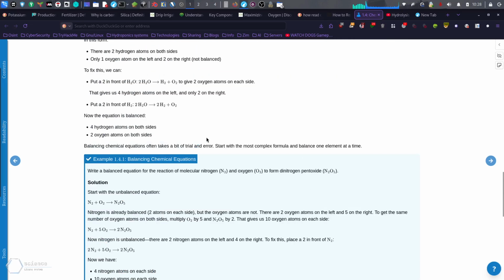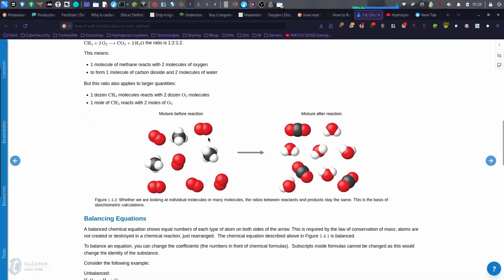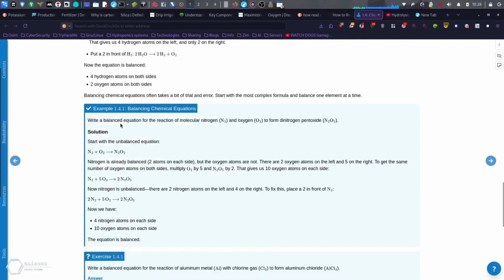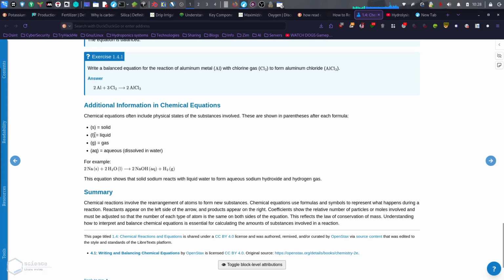Okay. Now we can understand the formulas, and these states are very useful. I can understand where a solid is made into powder, added to the liquid, and what this gives in a reaction.